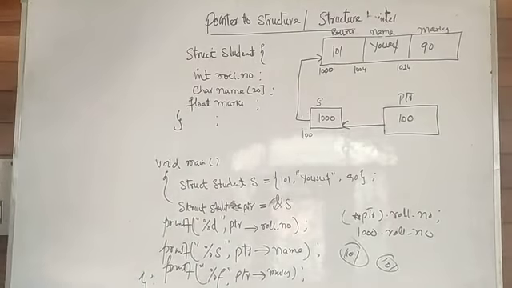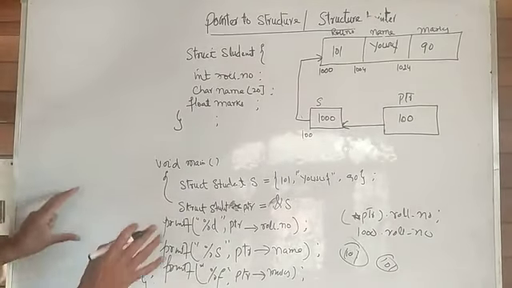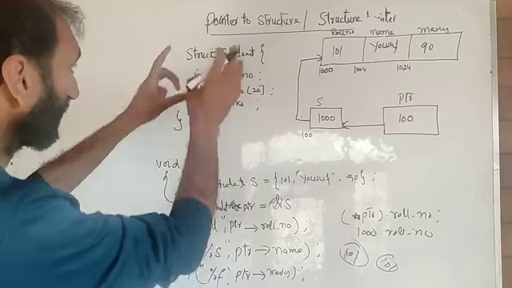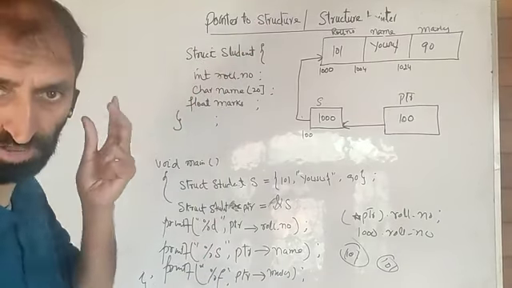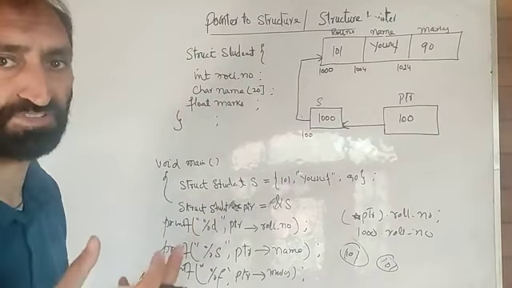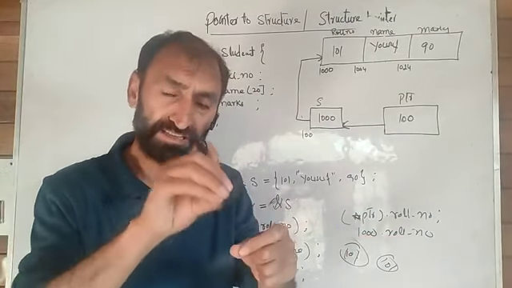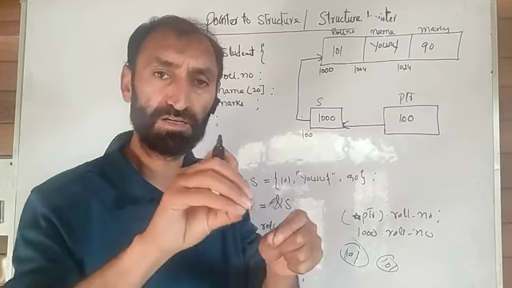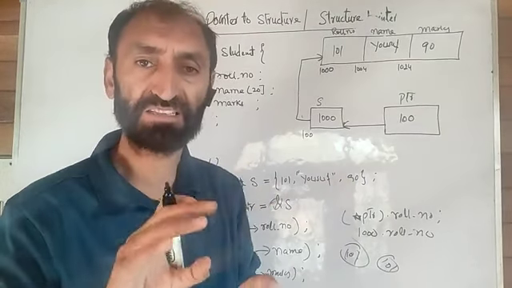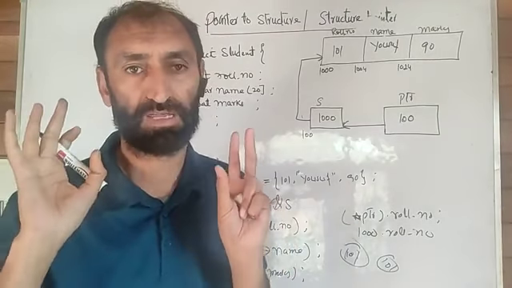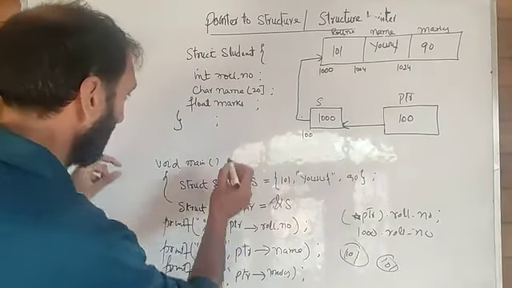That is it. So I hope you now understand how to access the members of the structure through pointers. We can access the members of the structure in two ways. Either directly by using the variable and the dot operator. At that time we have to use the variable name and the dot operator, s dot k. For example, we can also access this.